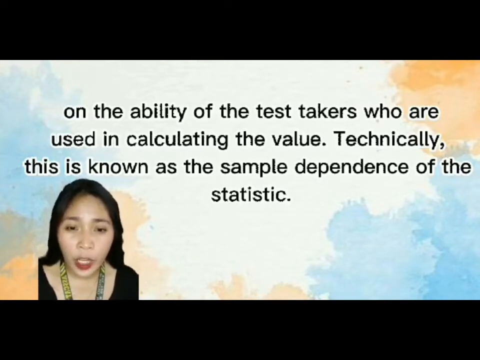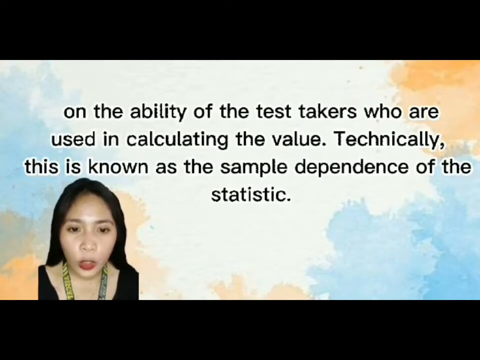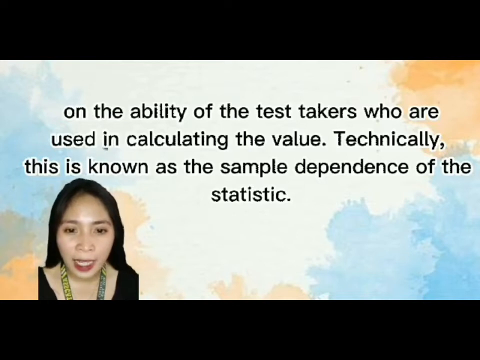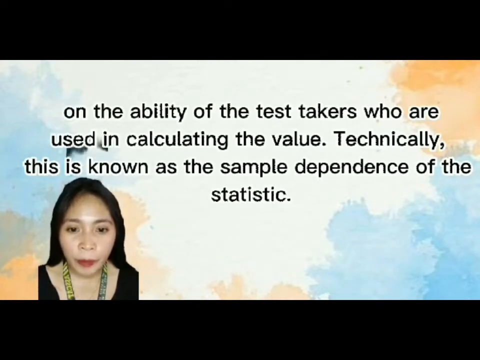Another way to put it is that with a different sample of test takers, the value could be different. It is for this reason that the sample upon which the statistic is calculated should be genuinely representative of the population of test takers for whom the test is designed. Unless this is the case, scoring meaning is compromised.